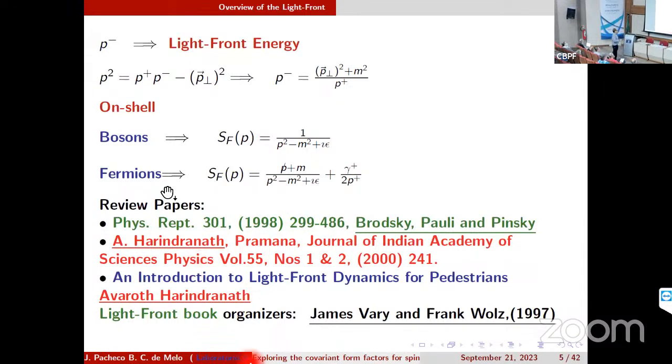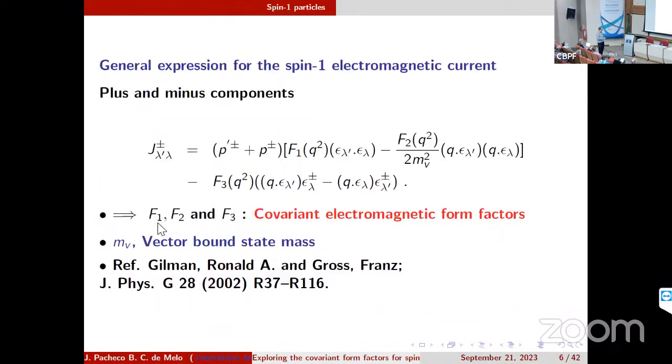There are quite nice reviews for young people, by Brodsky, Pauli, Pinsky, and also Professor Brodsky with Harindranath in an Indian journal, and also a book by Professor James Vary some years ago. It's a very nice book, with many interesting papers there.